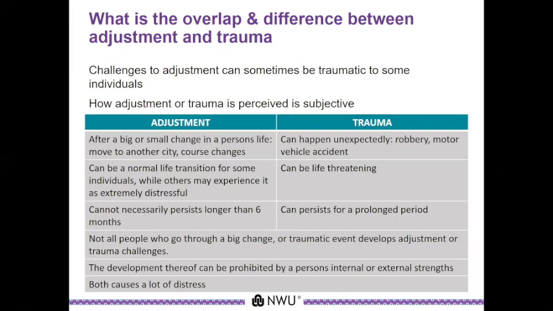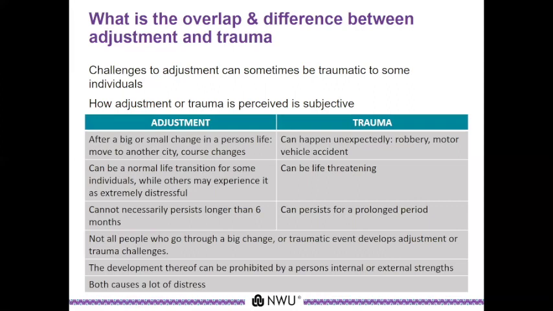Adjustment can be a normal life transition for some individuals, while others may experience it as extremely distressful. For example, leaving your hometown behind and having to move to another city in order to study or to attend university. That could be a huge adjustment period. Even after a breakup, having to adjust to life differently because this person that you spent most of your life with is not there anymore.